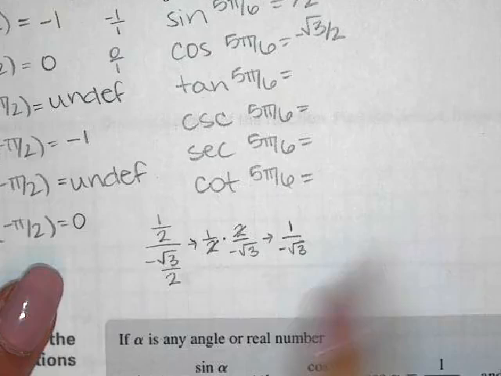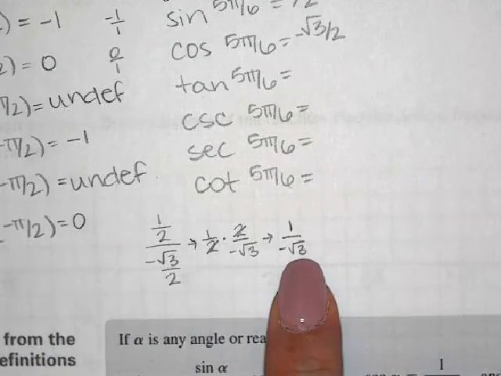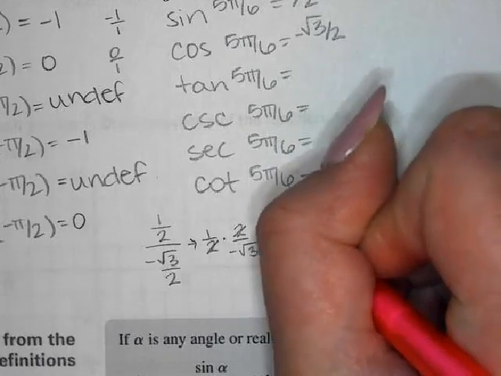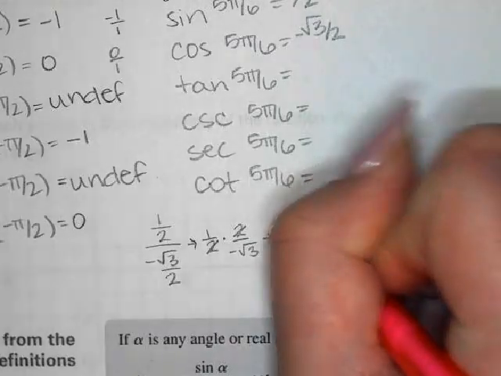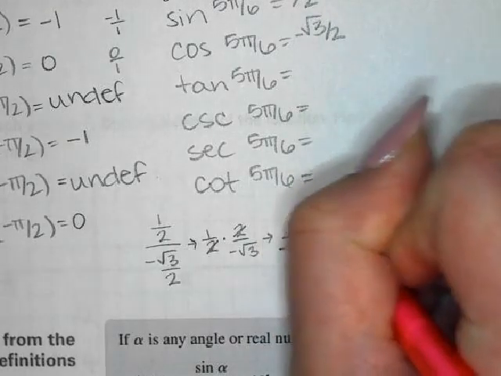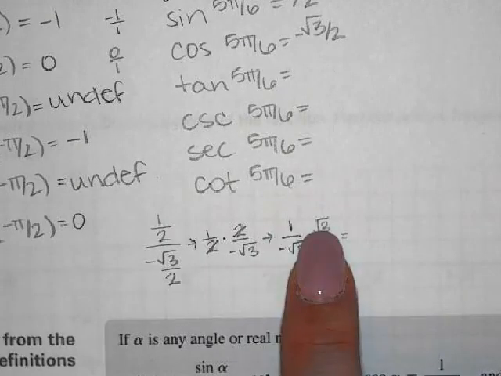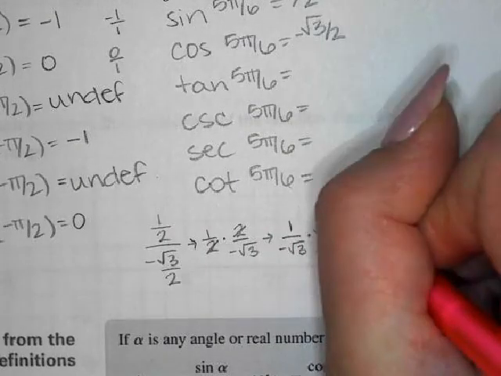And this is not proper notation. You're not supposed to leave a square root on the bottom. And so I'm going to multiply this by √3 on the top and √3 on the bottom. And so on the top, I have 1 times the square root of 3, which is just square root 3.